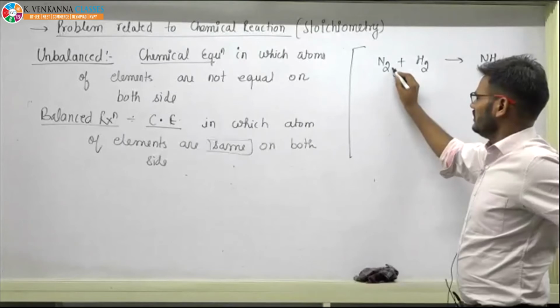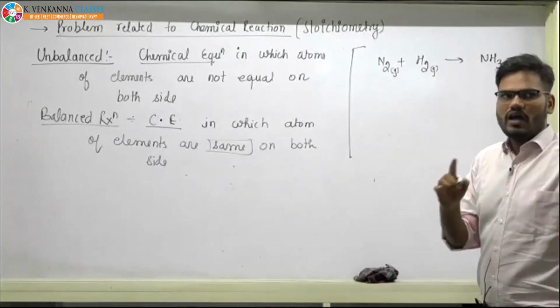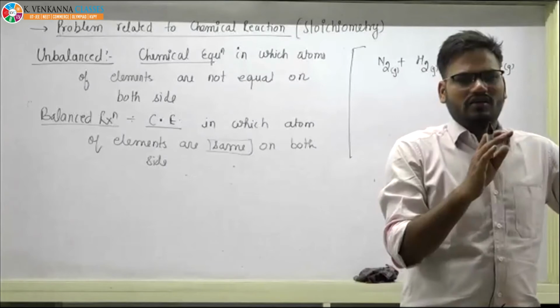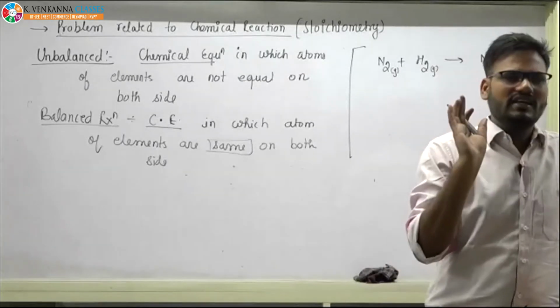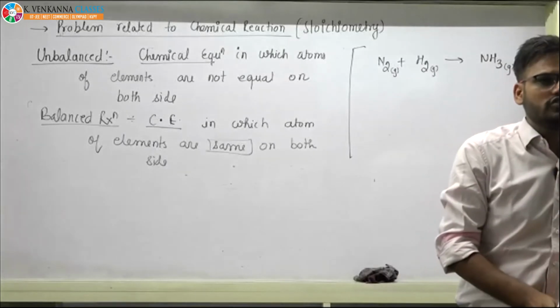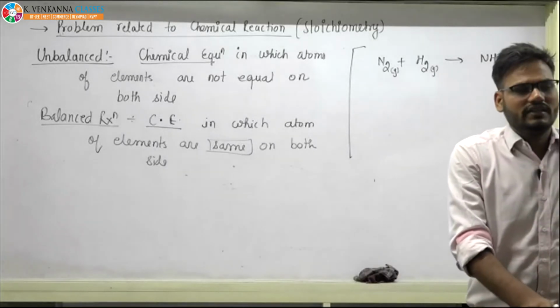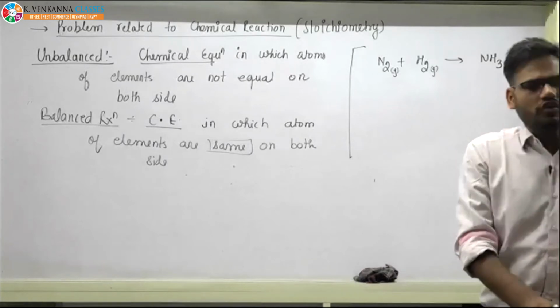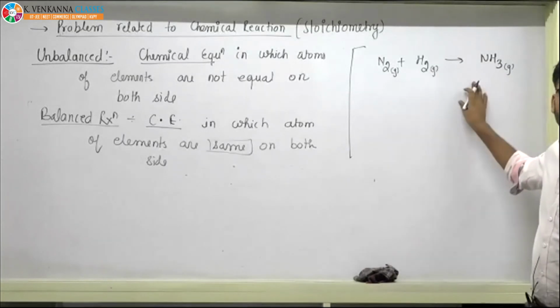Nitrogen is in gaseous state, and this is also gaseous. In mole concept, you do not need to write the state of the matter every time. In general, there will not be questions related to state of the matter. But later in 11th, you need to be careful about the state of the elements or compounds.